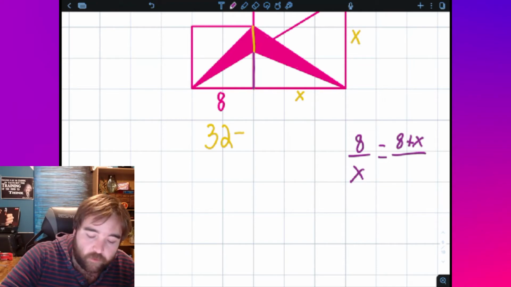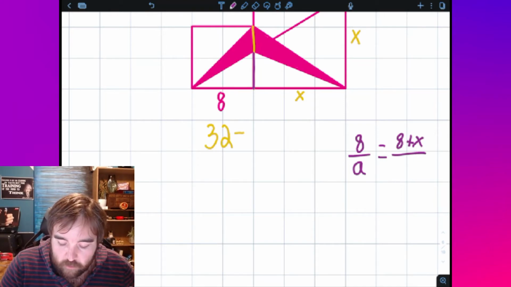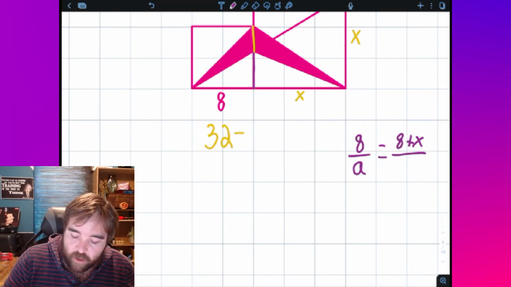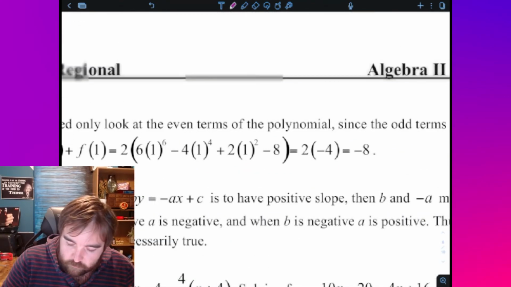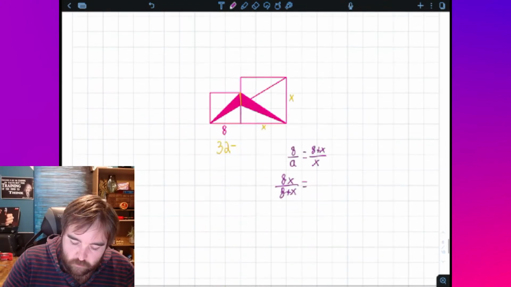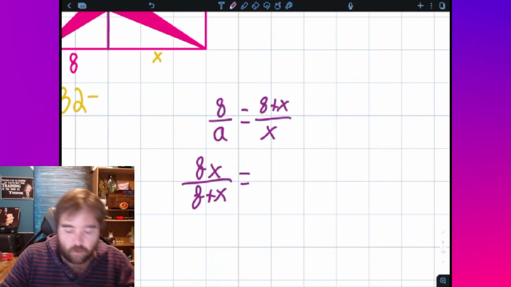Oh, I'm doing really bad. That's a. That's the thing we're trying to solve for. 8 over a is 8 plus x over x. So we can say that 8x over 8 plus x is a, that little height there.